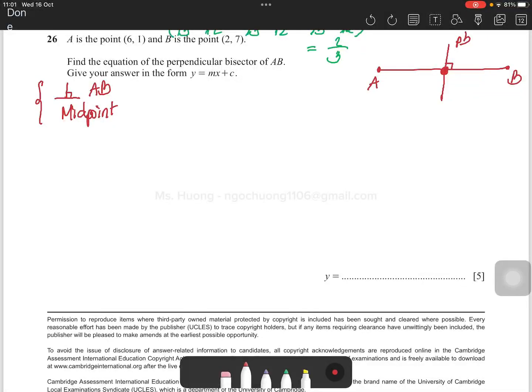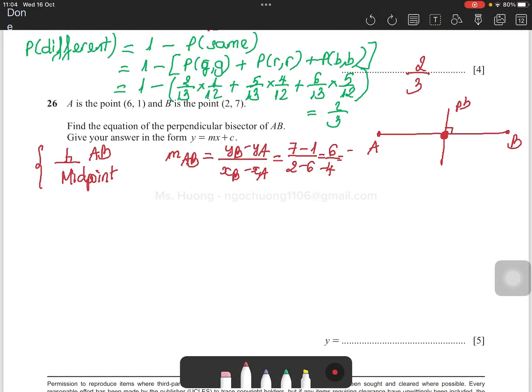First, we'll find the gradient of AB, which is YB minus YA over XB minus XA. YB is 7 minus 1 over 2 minus 6. 7 minus 1 is 6 over negative 4. And this is equal to negative 3 over 2. So we know that the perpendicular bisector is perpendicular to AB.